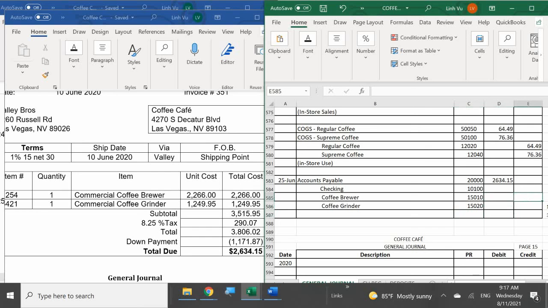So I'm going to credit my coffee brewer for $22.66 and credit my coffee grinder for $12.50, because I charged those two accounts too much. Now that I'm taking the discount amount, I have to take it out from the total cost of my fixed asset. So there you go, I'm going to subtract that. Now, how much should my check be?